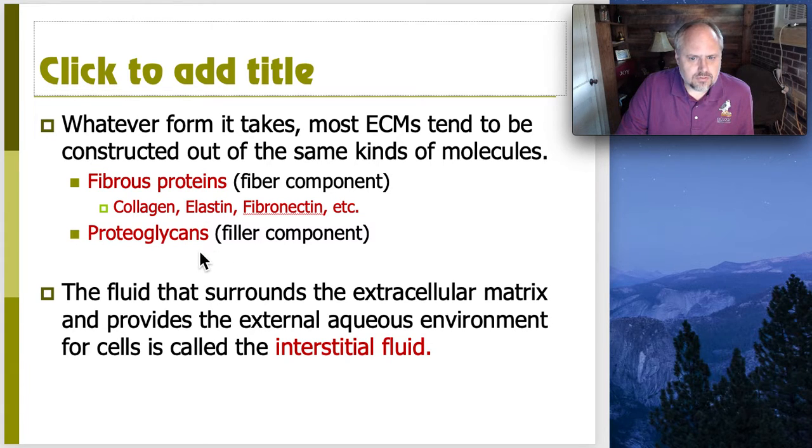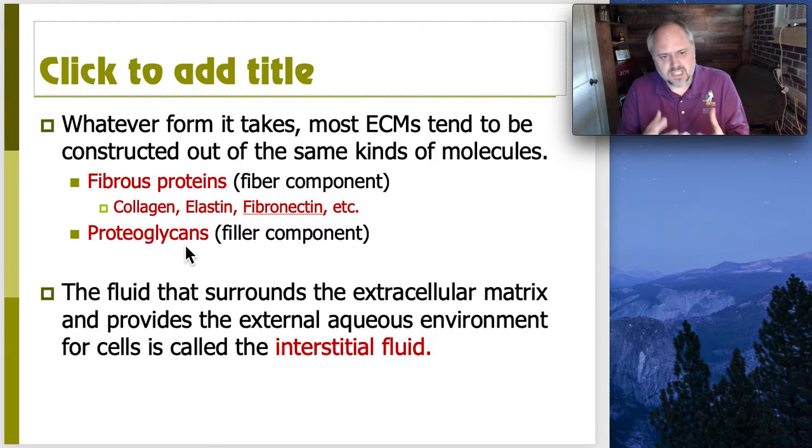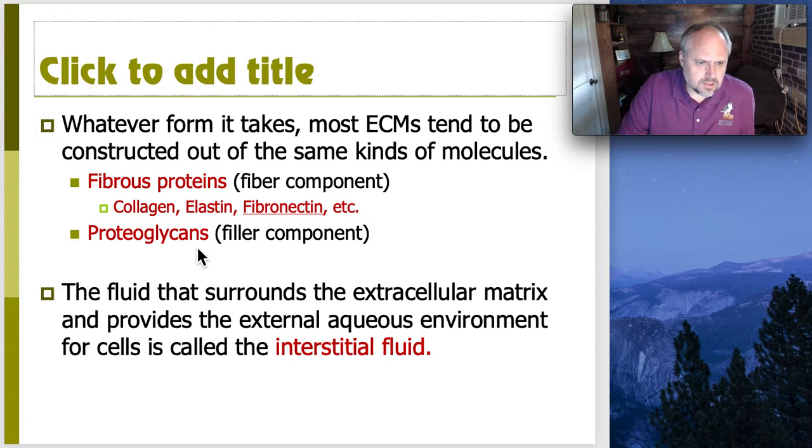The filler components are what are called proteoglycans. These are massive structures, some of the biggest molecules that we have inside of our bodies. And as you can tell, they're somewhat of a combination between proteins and sugars. And again, it makes this almost Jello-like substance that fills in the space around the extracellular matrix.